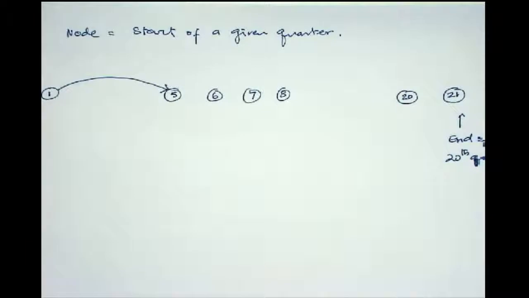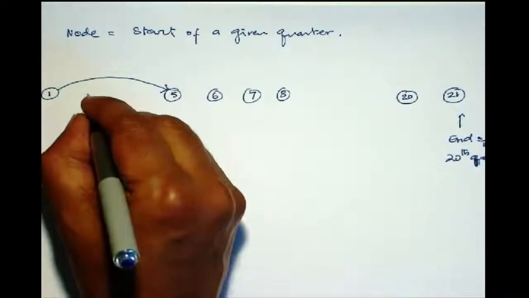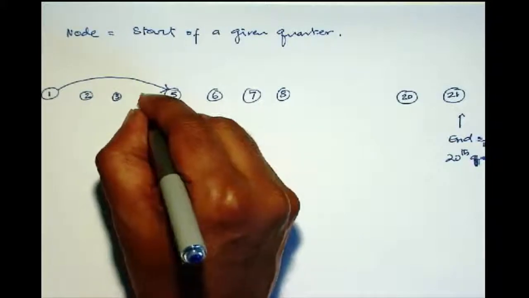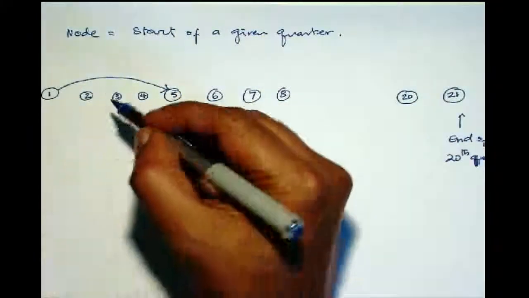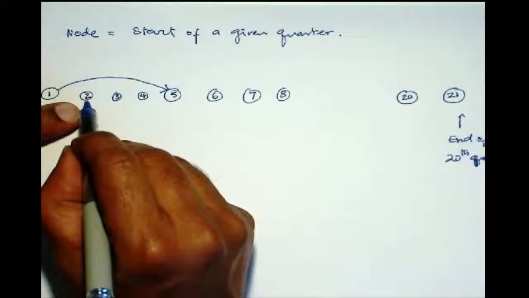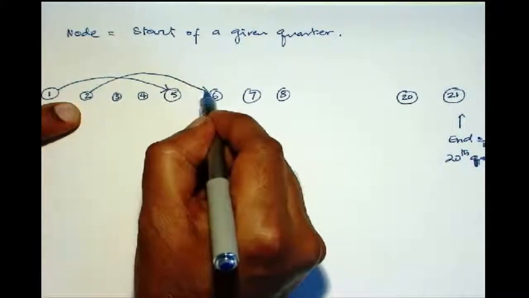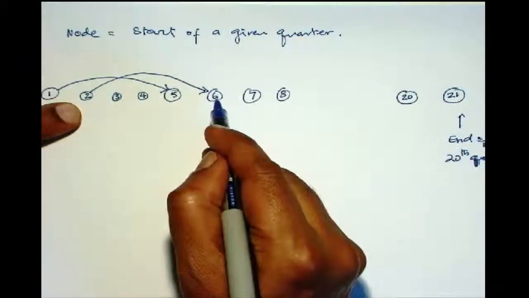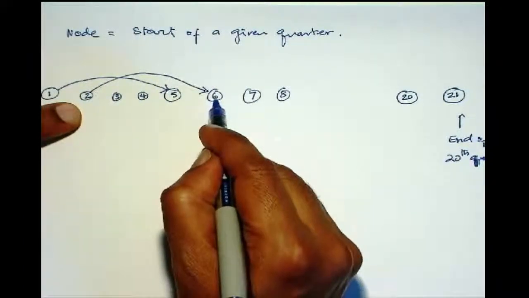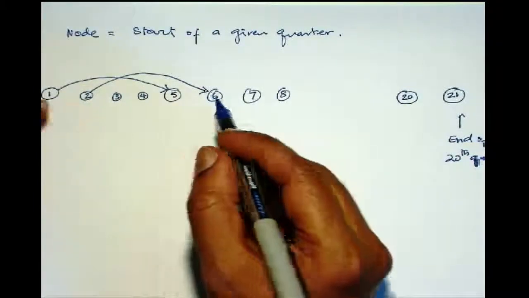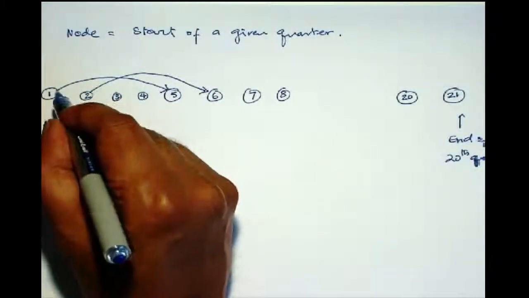So if you buy a new machine in 2, then you can only sell in node 6, which is the beginning of quarter 6. Now from 1 you can go to 5, or from 1 you can go to 6, from 1 you can go to 7, from 1 you can go to 8.